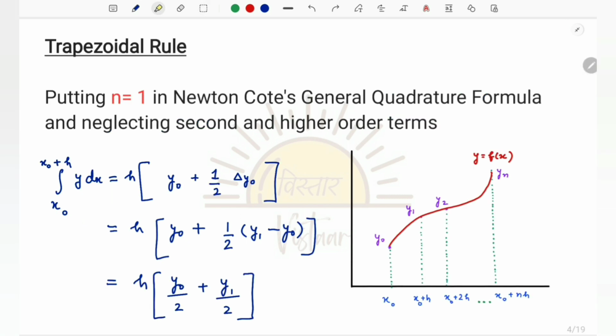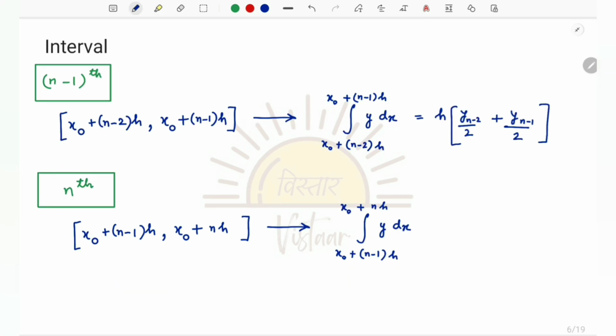You can also see this from the diagram that the last trapezoid will be somewhere here. So the integral for this last trapezoid from x0 plus (n minus 1)h to x0 plus nh will be h times (y(n minus 1) by 2 plus yn by 2).